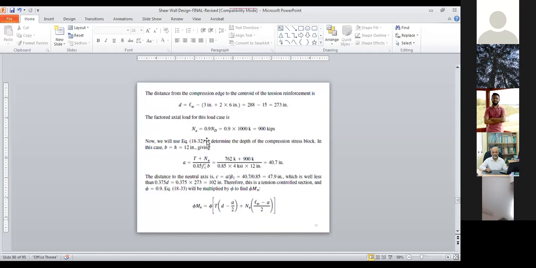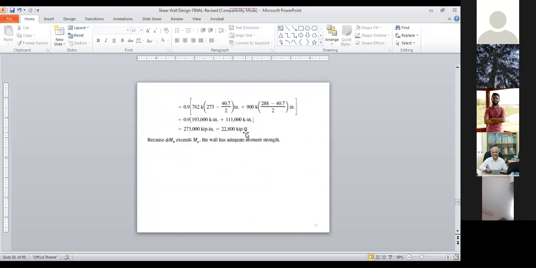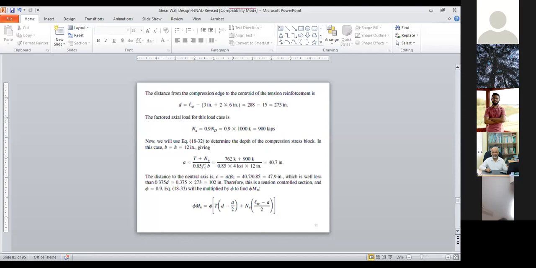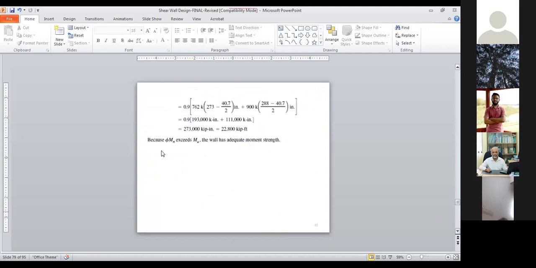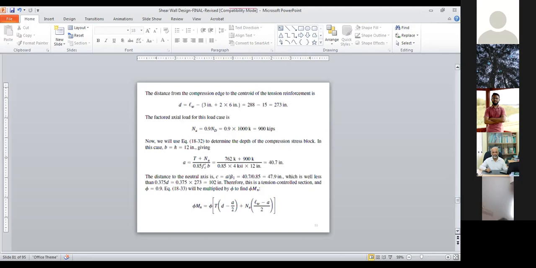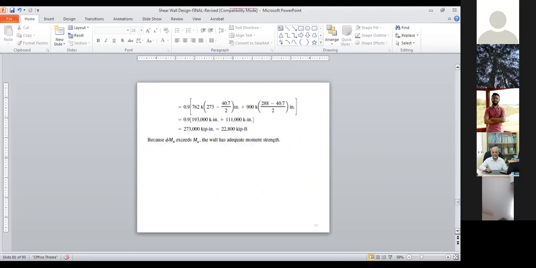The design moment the section can take is 22,800 kip feet. But from your analysis, the moment is 16,400. So your boundary element, or your section of the shear wall, is good enough to take the moment.